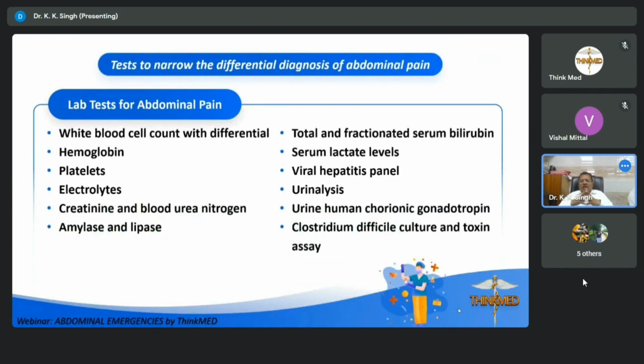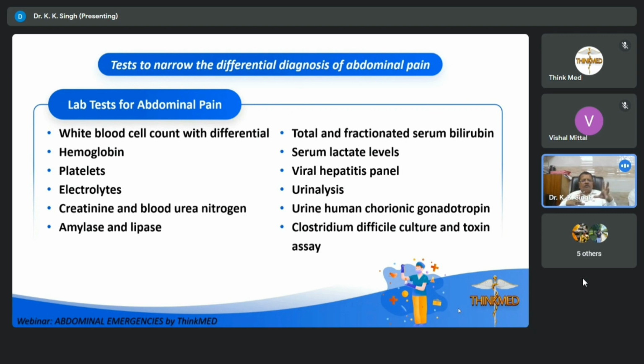Now, I told you the first thing in the OPD or the emergency is to try to know whether this is an urgent cause of acute abdomen or non-urgent. For that, first and most important is clinical evaluation, which we have done. Then the second is basic blood investigations.